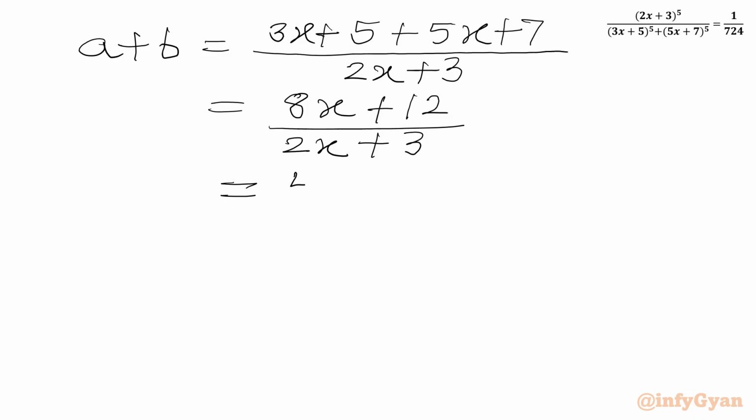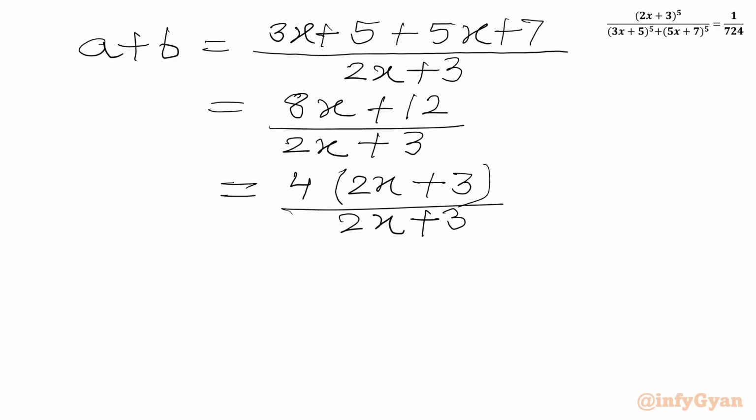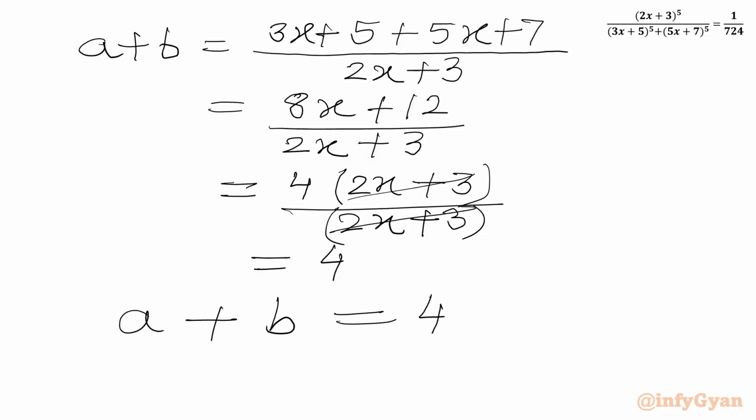Now I can take 4 common from the numerator. So I will get 2x plus 3 in the numerator also. Now we can cancel denominator and numerator 2x plus 3. So this will give us 4. So I can write our second equation A plus B equal to 4. Let's say equation 2.